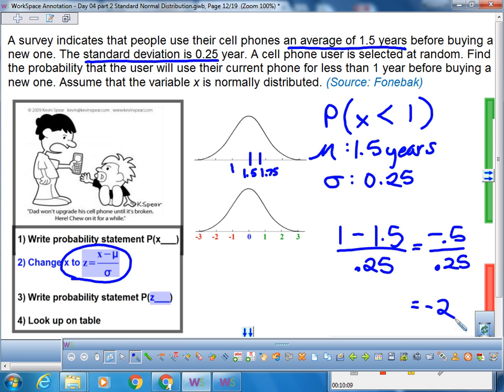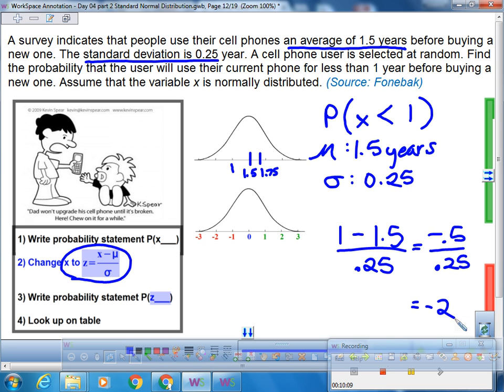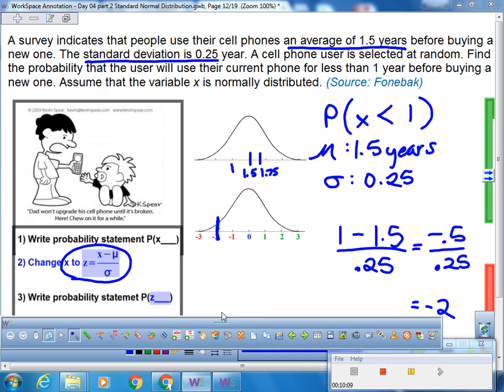Tell me what it is. Look up -2 in your table.